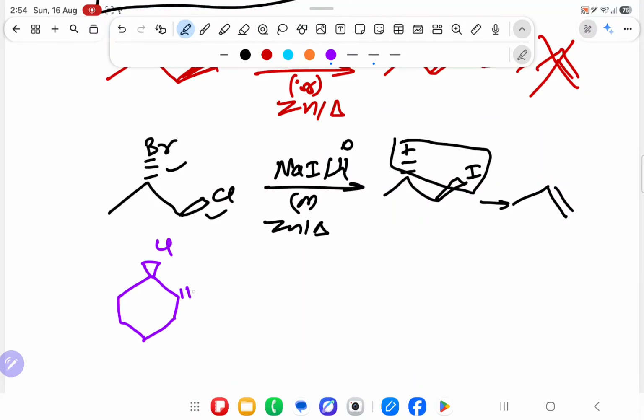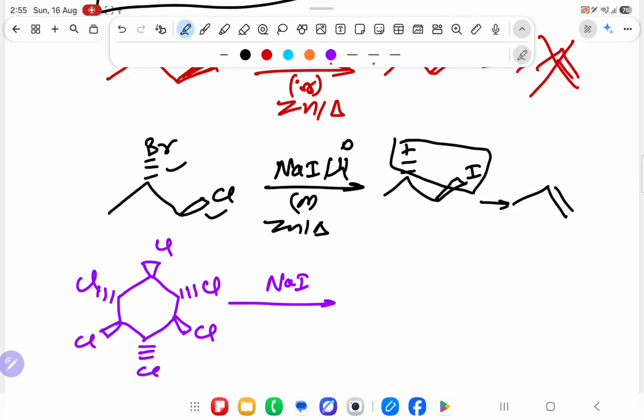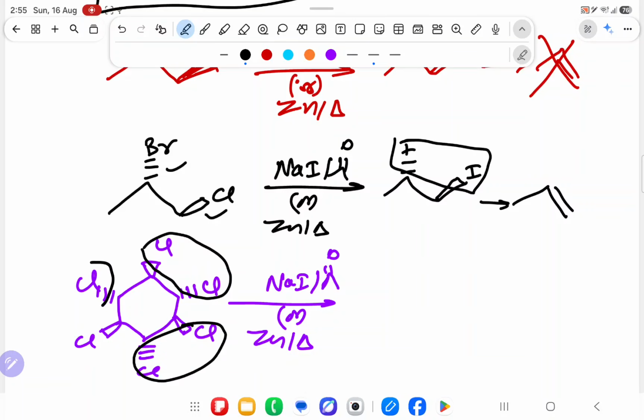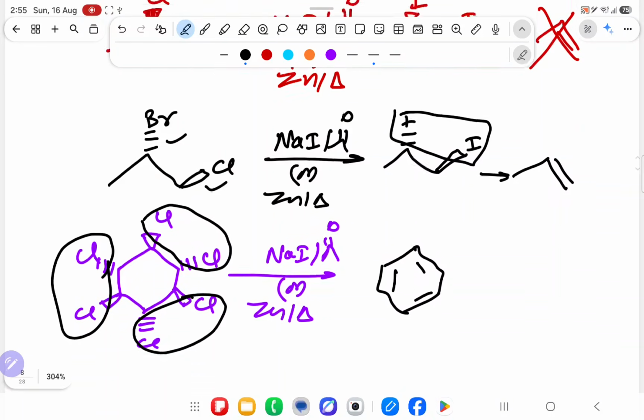Suppose here Cl, here Cl, here Cl, here Cl, here Cl, and here Cl, and I am giving NaI in presence of acetone or Zn and heat. What will you say? This Cl and this Cl will go, one double bond. This Cl and this Cl will go, one double bond, and this pair, one double bond, and you will get an aromatic compound, that is the benzene ring.